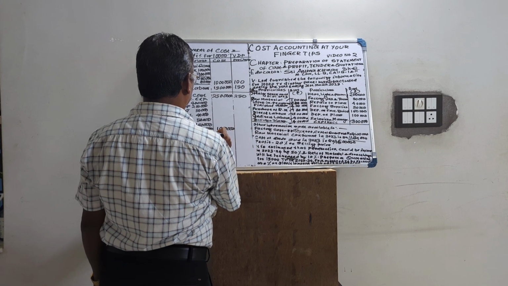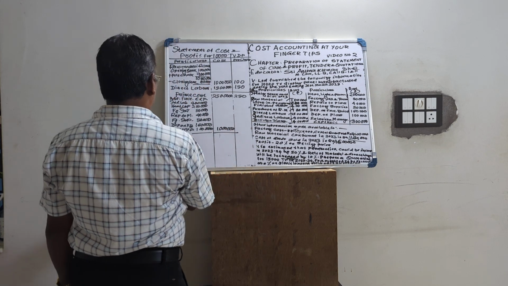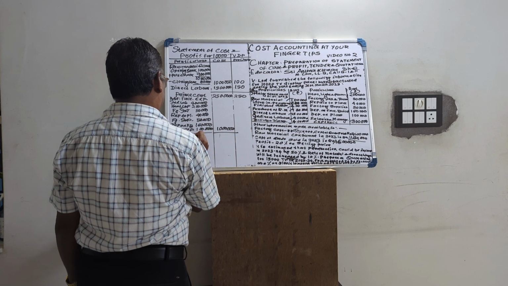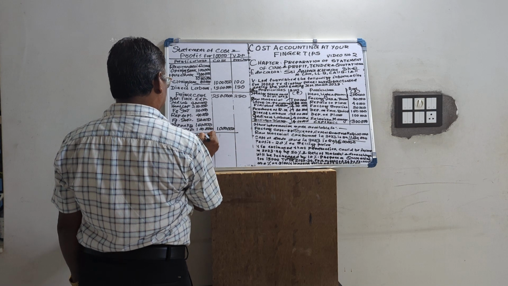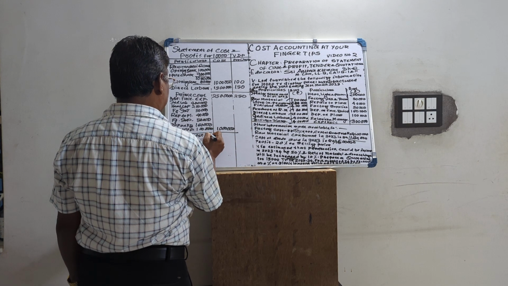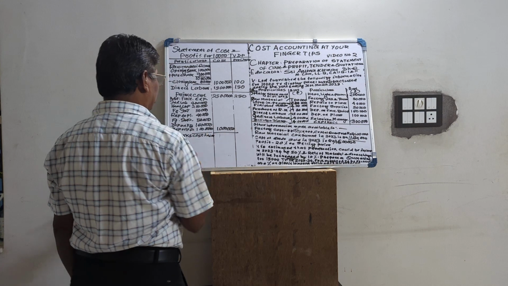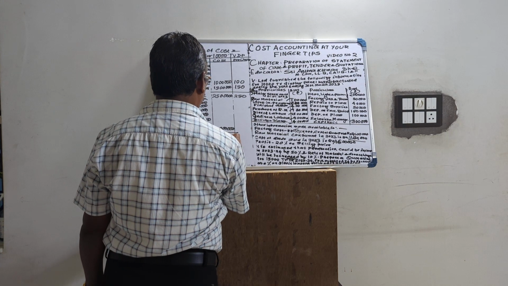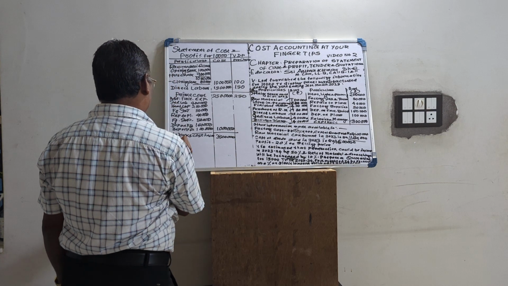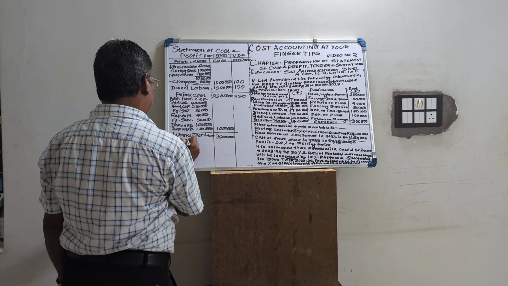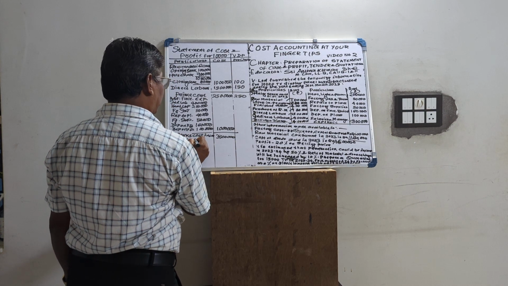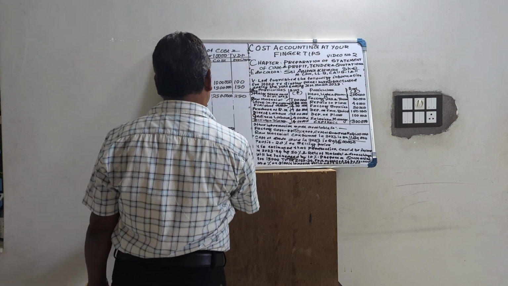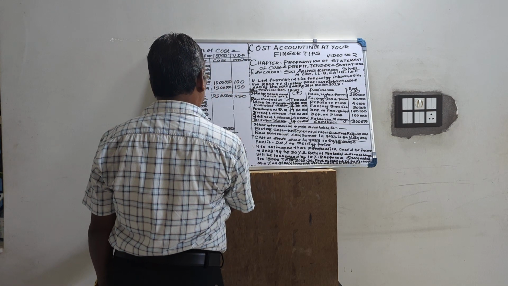So the total comes to 10 lakh. So work cost or factory cost incurred is 35 lakhs. And opening work in progress is given 6 lakhs.